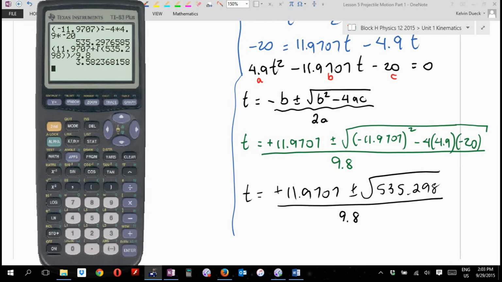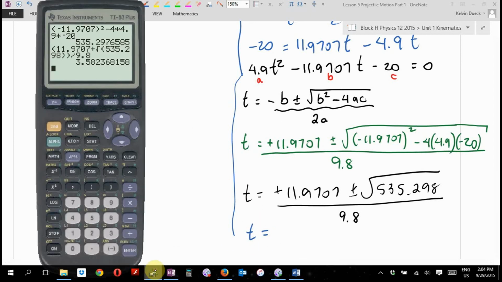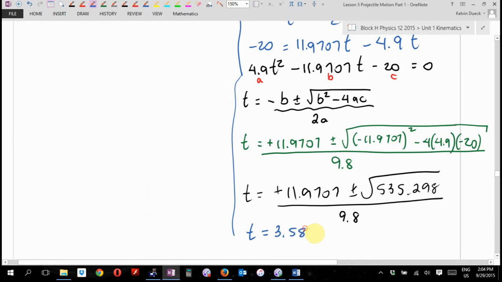Me carrying 5 or 6 sig figs has given me accuracy to 5 or 6 sig figs. So I'm going to write down t equals 3.58237, and then an equal sign. And to 3 sig figs, 3.58 seconds. Put a box, touchdown.